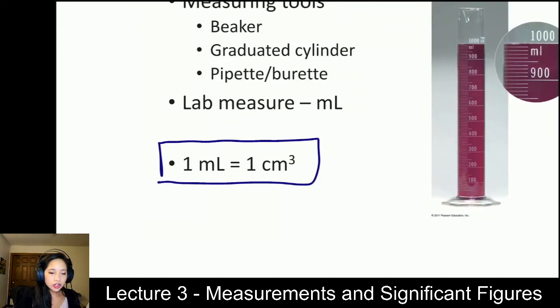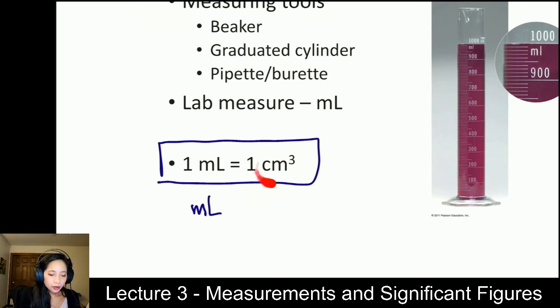So this relationship, 1 milliliter equals 1 centimeter cubed, is a very important relationship to understand. We just said the liter unit is the standard unit for volume. So that's 1 milliliter. Milliliter is a way to express volume. Another way to express volume is to take some type of length and cube it.